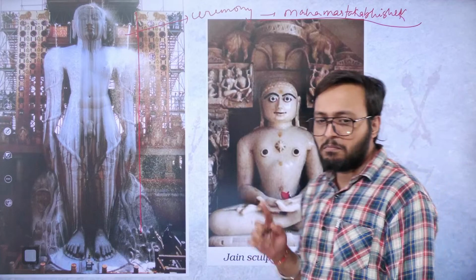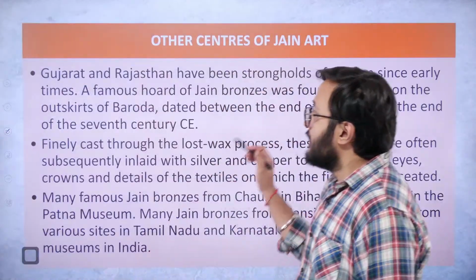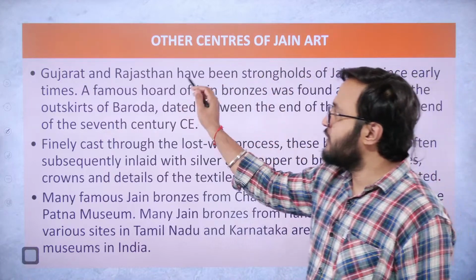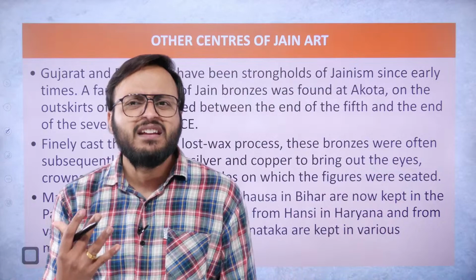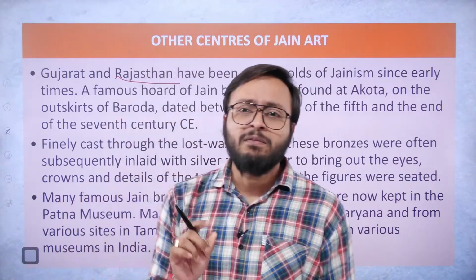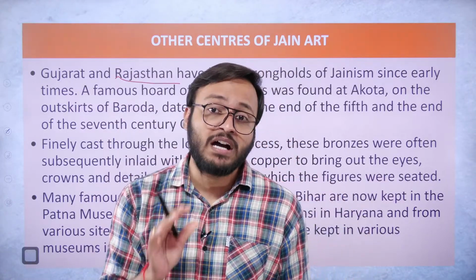Mount Abu is a very special place related to Jain architecture. Like many other sites in Gujarat and Rajasthan, Jain architecture is vividly displayed at Mount Abu. In fact, some of the finest sculpture art and most exquisite temple decoration is present at Mount Abu.